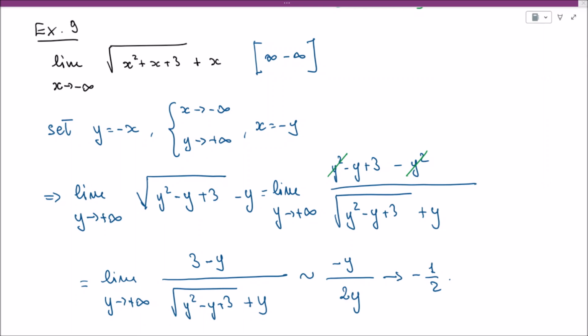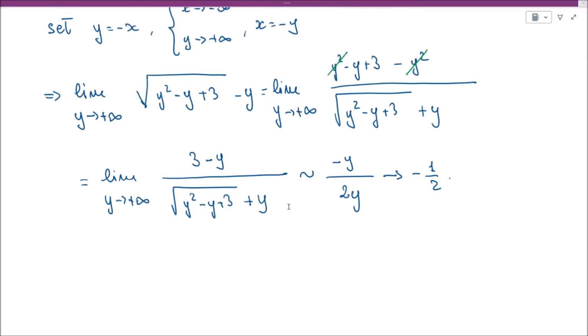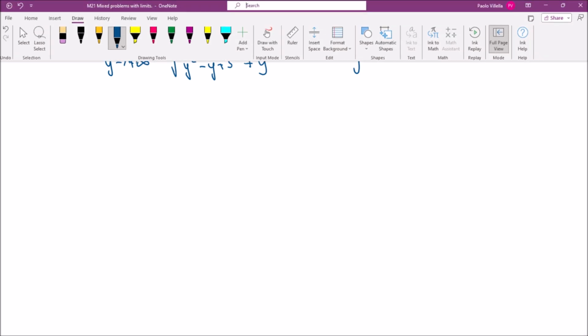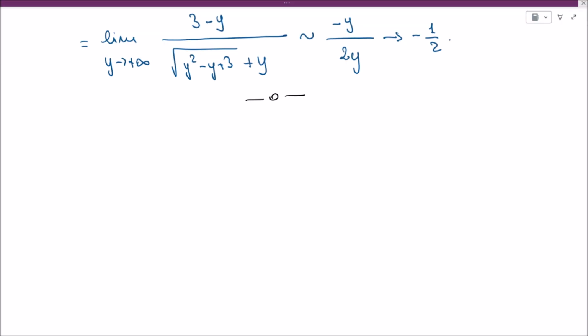The last topic we want to consider in this lecture is how to evaluate the limits of sums. So let me give you an example of this and let me explain why this is worth considering.